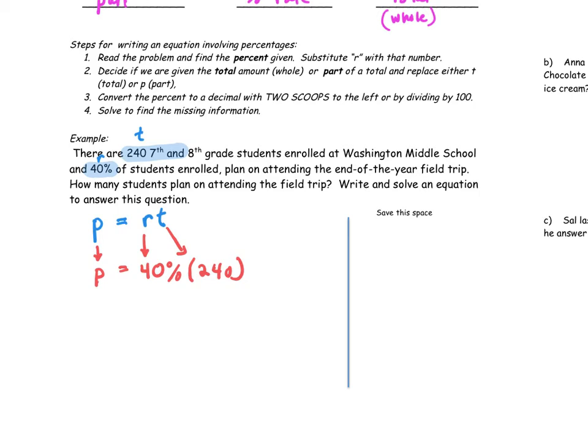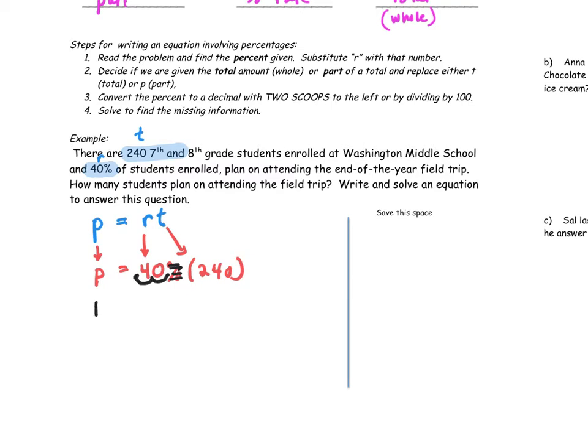So if you recall our last lesson, we want to convert this percent to a decimal, and it mentions that in direction 3. You can do it either by dividing 40 divided by 100, or you can use the 2-scoop method. We get rid of the percent, we place a decimal at the end if we're not given one, and we scoop it twice.